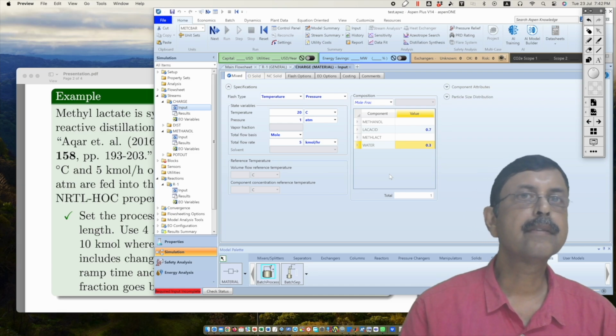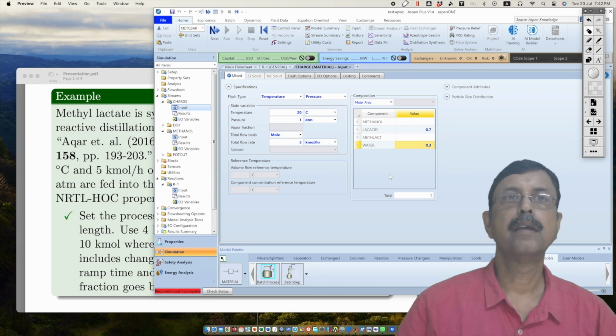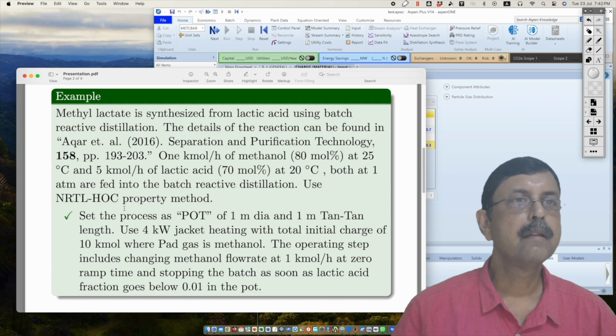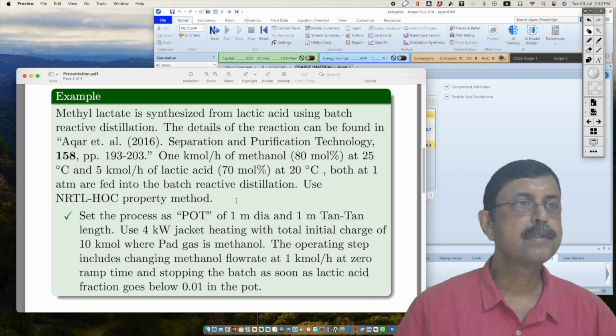So that makes us 70% mole fraction of lactic acid. And both are at 1 atmosphere pressure. So our streams are fixed.